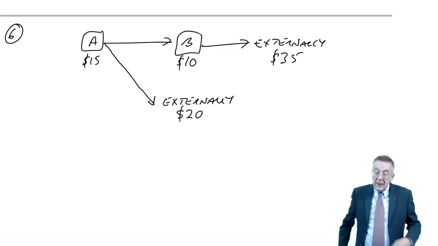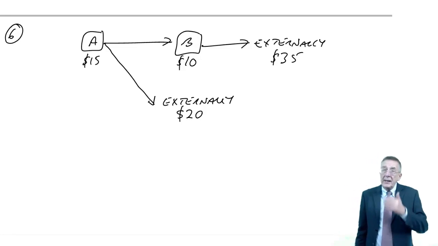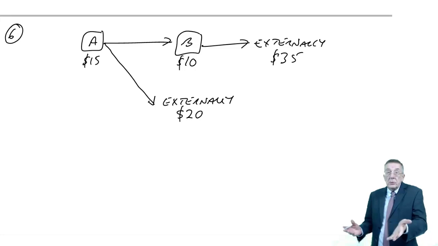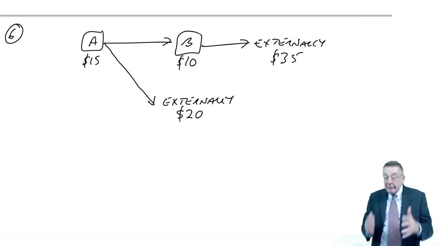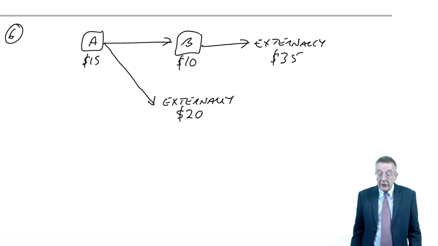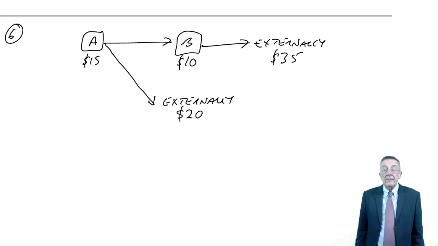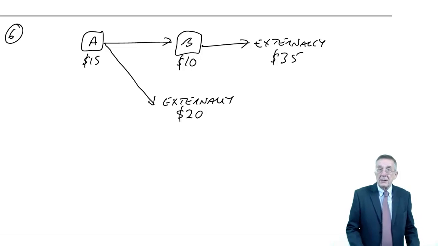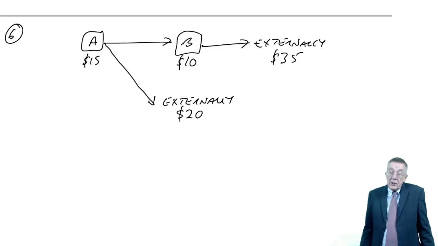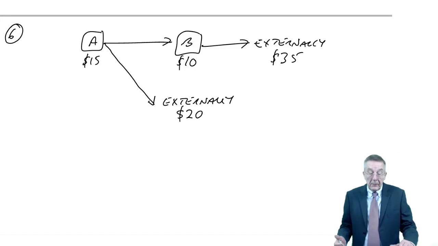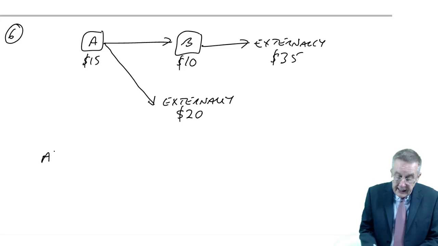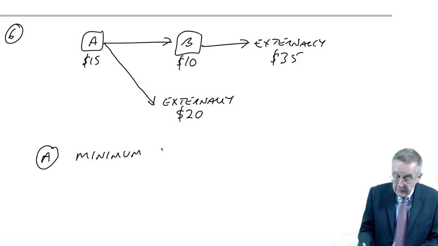We're only going to sell to B, provided they pay at least 20. Otherwise, why should we sell to B? We can sell everything we produce externally for 20. If I sell to B, we can't sell as many externally. And so B's going to have to give me at least 20 as well. A, as always, fixes the minimum transfer price.